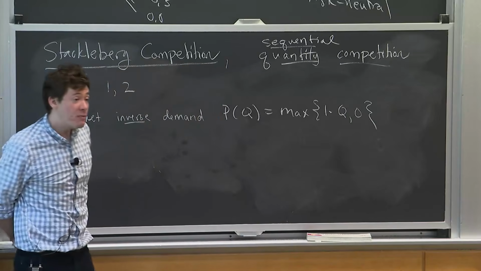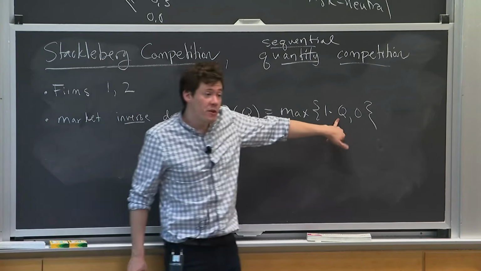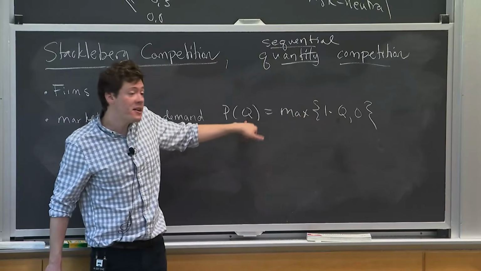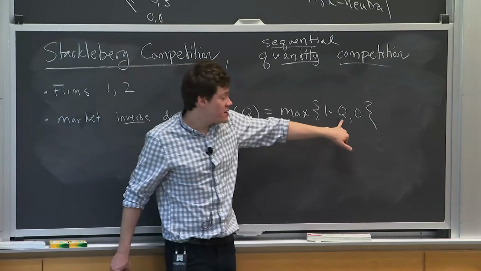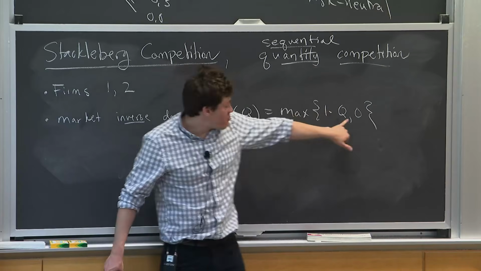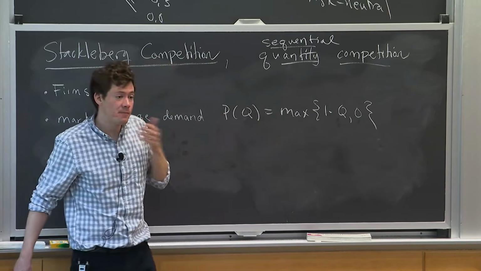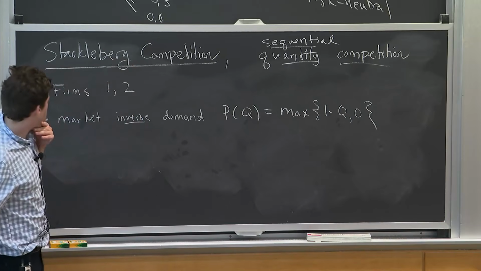So this is exactly what we had before. The more quantity that's brought to market, the lower the price is. If quantity 1 is brought to market, the price is 0. If quantity 0 is brought to market, the price is 1. And the price can never go negative. So if tons is brought to market, we just say the market price is 0.